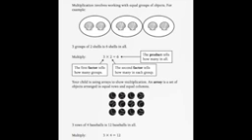Next, it's going to be talking about arrays. It says an array is a set of objects arranged in equal rows and equal columns. Remember, multiplication is about equal things. So in this picture of the baseballs, we have 3 rows, because remember, rows go left to right, and we have 4 baseballs in each row.